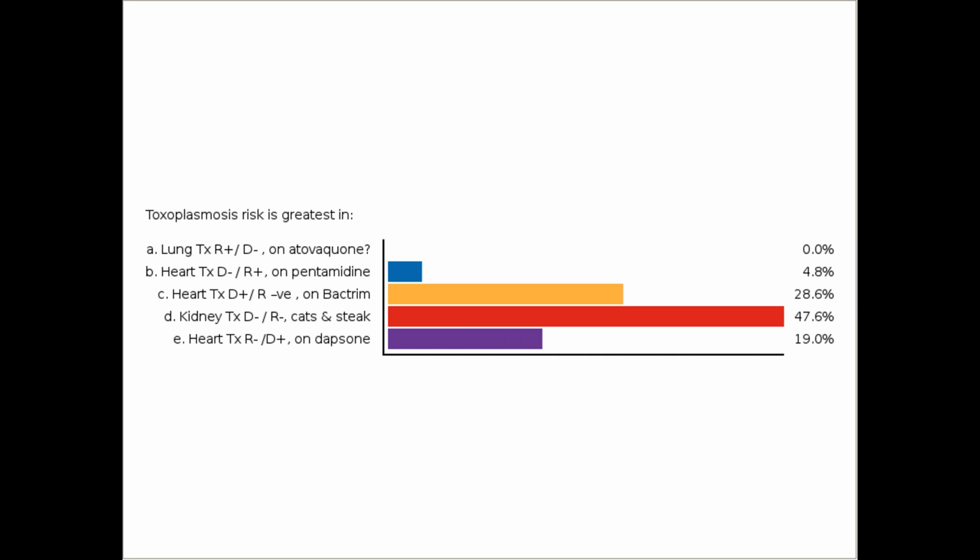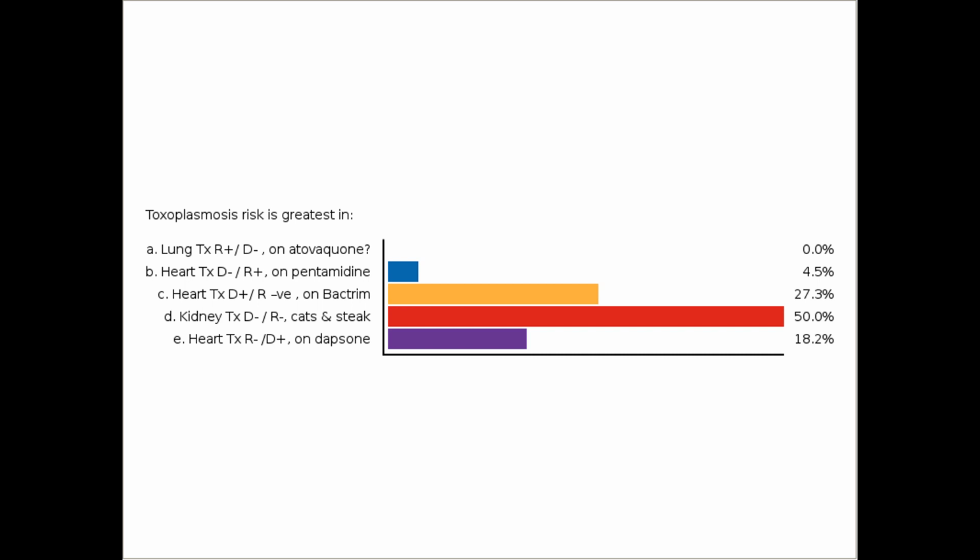Alrighty, I'm going to try and move this graphic, so let's see if I can make it work. Bingo. So, just as I thought, you kind of all spread all over the place. Most critically, folks are recognizing that in fact this is more of an issue in heart transplants than other organs, although interestingly you all think that those of you that like steak tartare are under more stress.